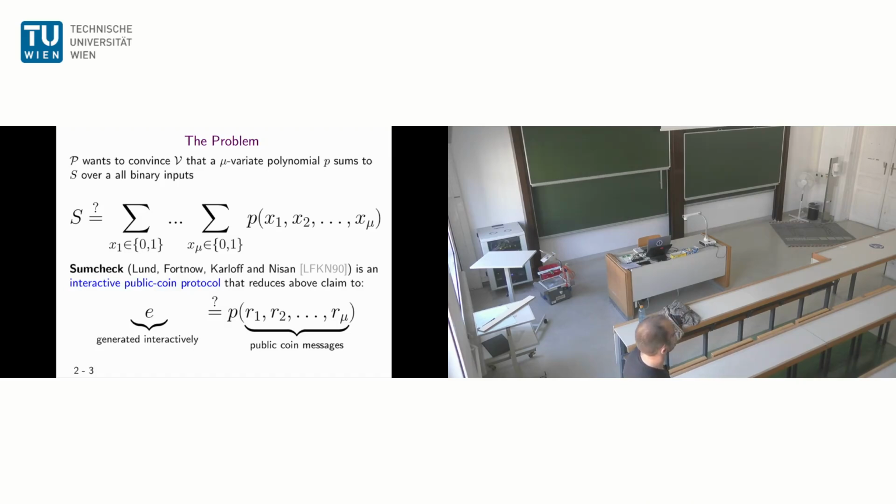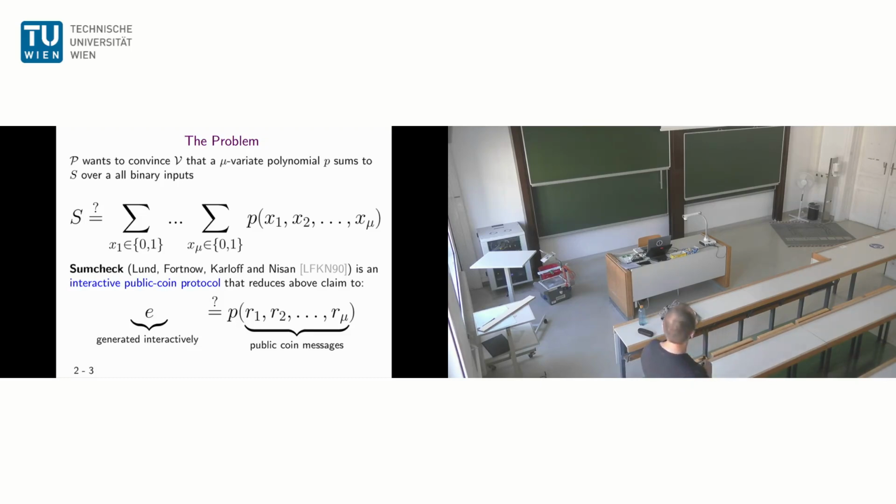This random position is completely determined by the public coins. So the Sumcheck protocol is an interactive public coin protocol, since all messages the verifier sends are just random field elements. They determine at the end the point where the verifier will have to evaluate it once. And this value E is a product of the interaction between verifier and prover.